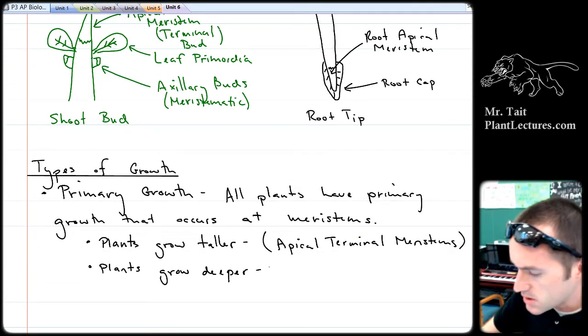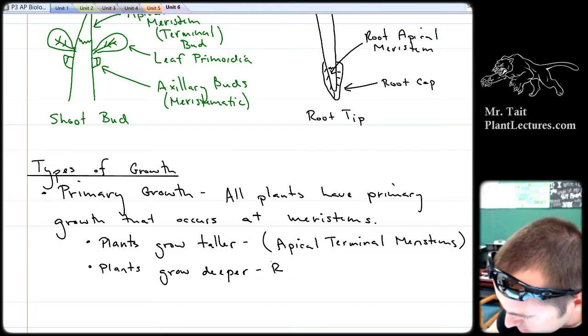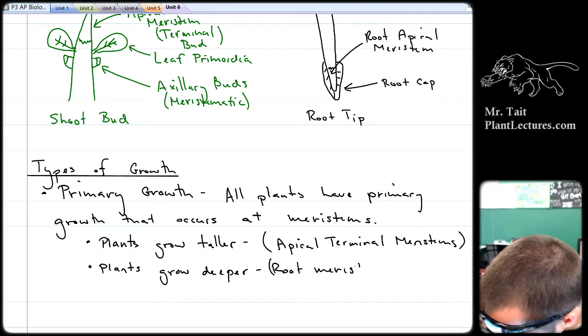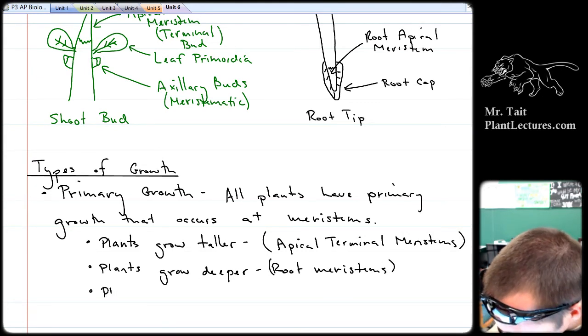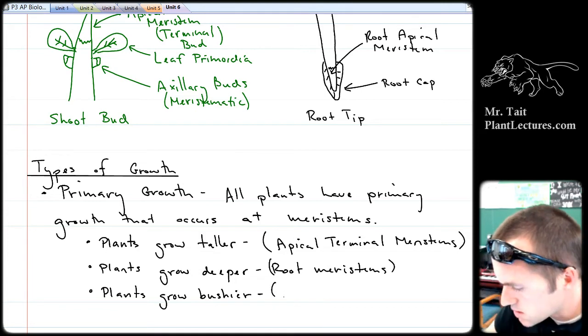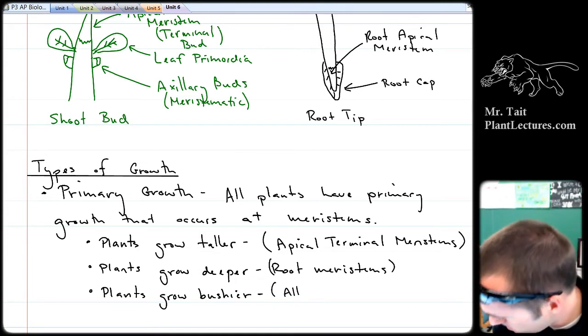That is the result of their root meristems. And plants grow bushier. That is the result of axillary buds.